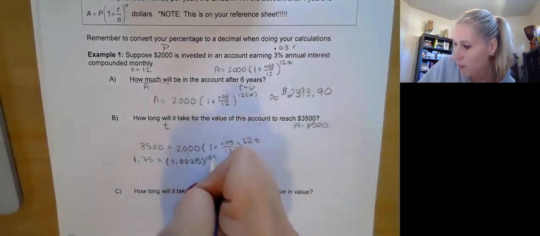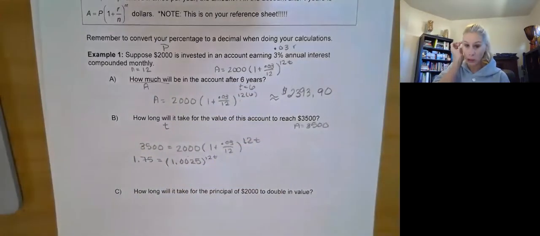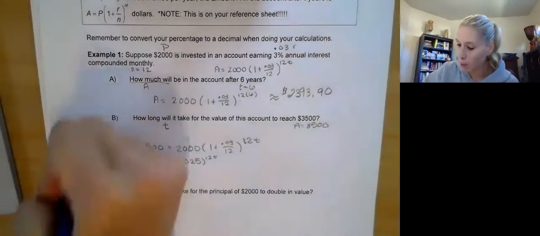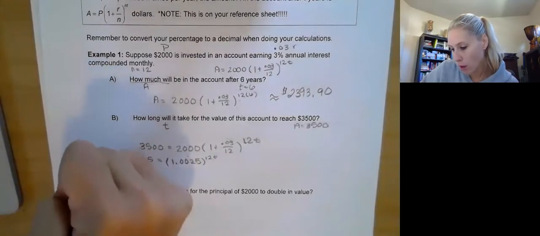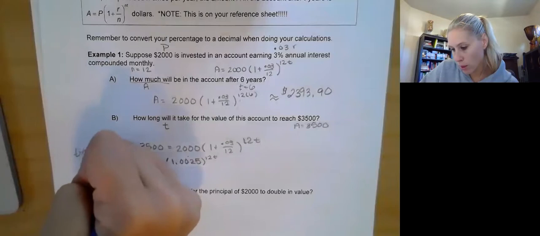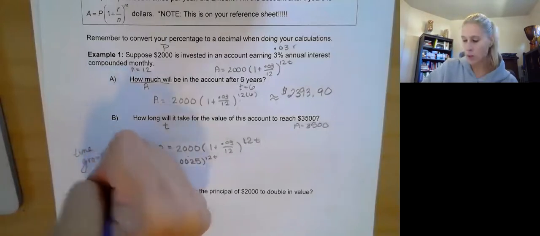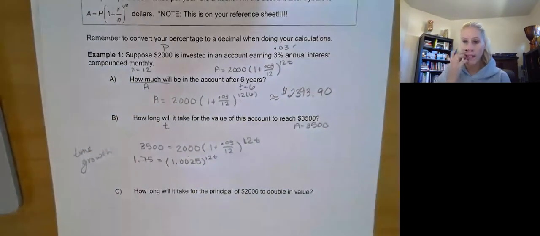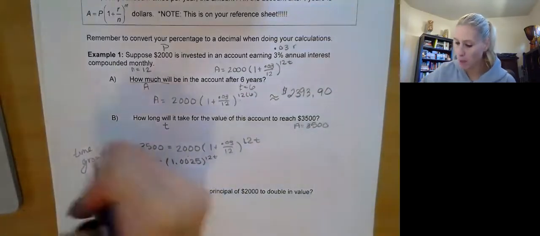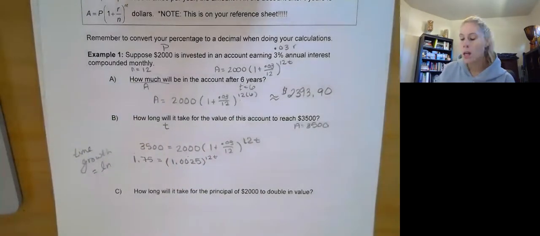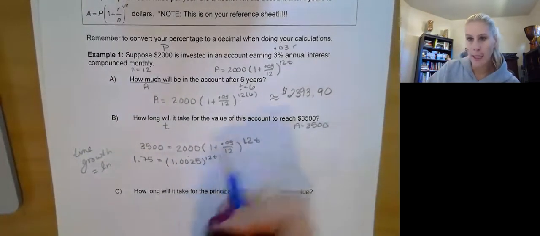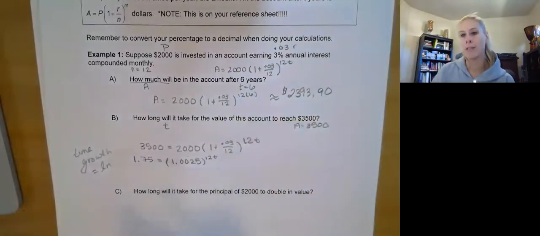Now, let's remember from a couple sections ago, when we're dealing with time and growth, and we're dealing with an exponent, we need to use ln. Remember, time and growth means we use ln, the natural log. So I need to get t out of the exponent.